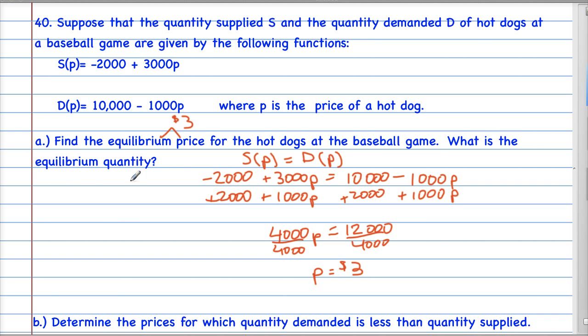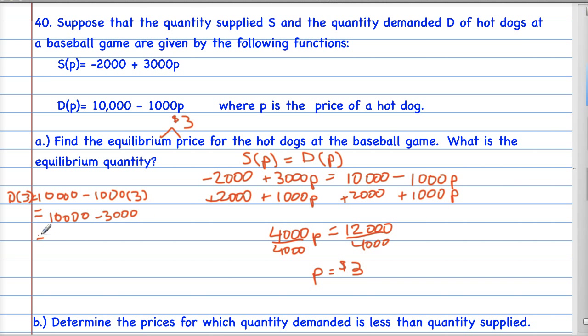Now it wants to know what's the equilibrium quantity. So what's the value of these functions at this price? I can plug it into either one, whichever one I want to. So I'll plug it into the demand function because I think that'll be easier to evaluate. So I take 10,000 minus 1,000 times 3, which is 10,000 minus 3,000.